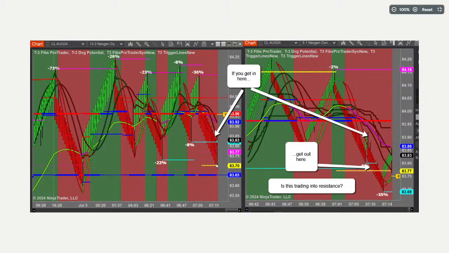What do you think? Is it trading into resistance, Kenan? I think you mean support. So, did price reach 83.70?